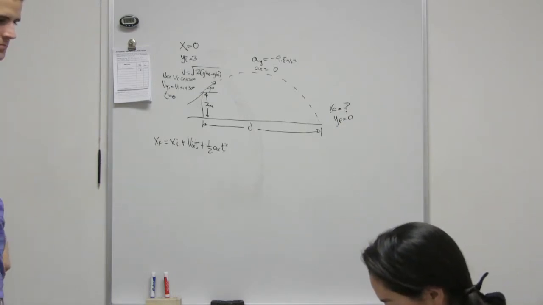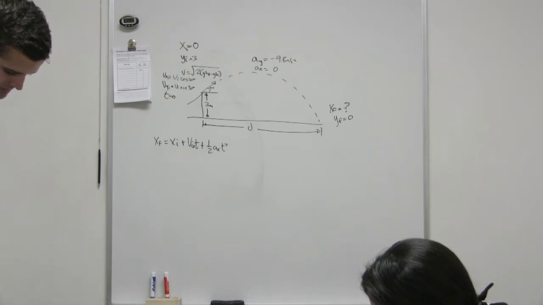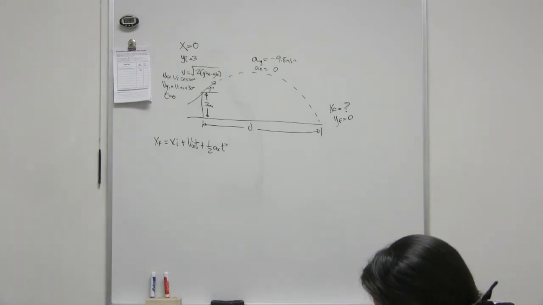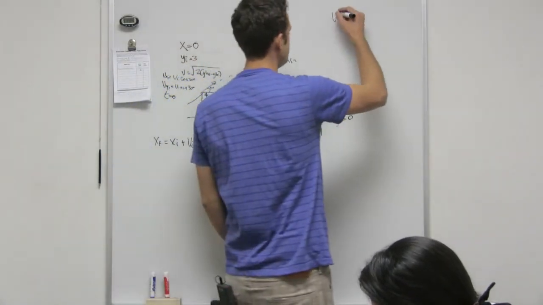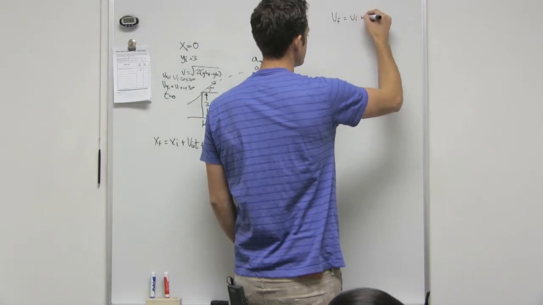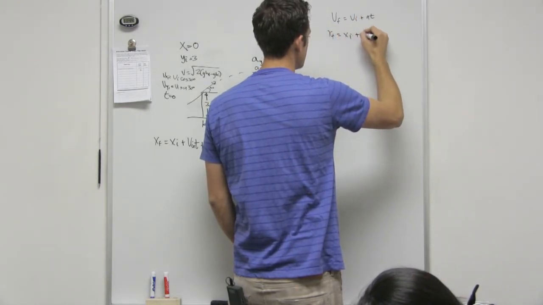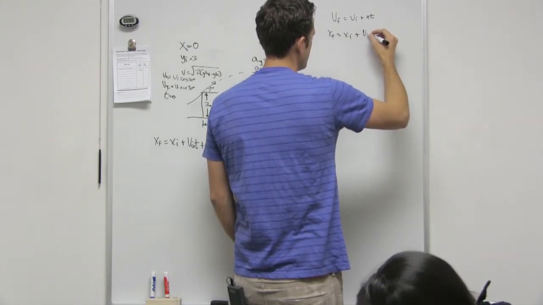Okay, so we also know that velocity final is equal to velocity initial plus At. So T is equal to velocity final minus velocity initial divided by A.